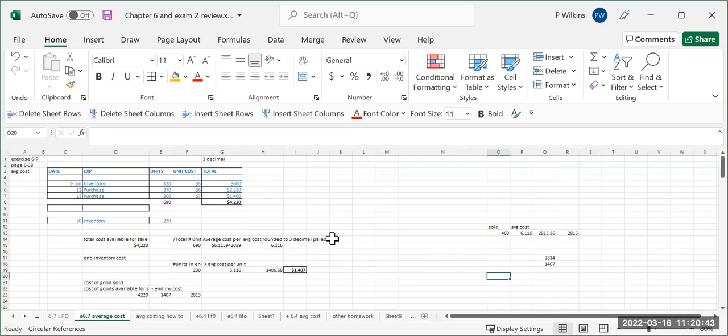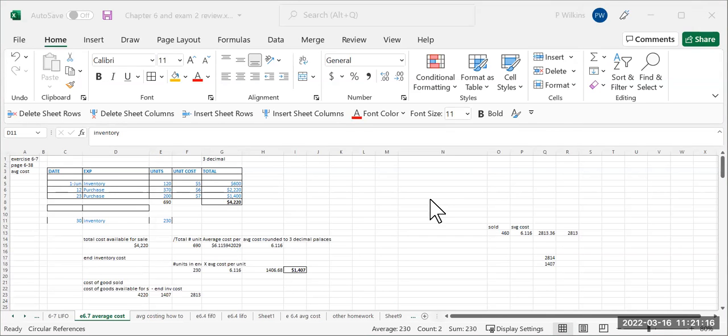The rule you just need to remember is when you're doing average costing, you solve for whatever they ask you for first, then you subtract that cost from the cost of goods available to get the other number. And the 460 is what was sold: if you started with 690 and you ended with 230, the difference is what you sold, which is 460.